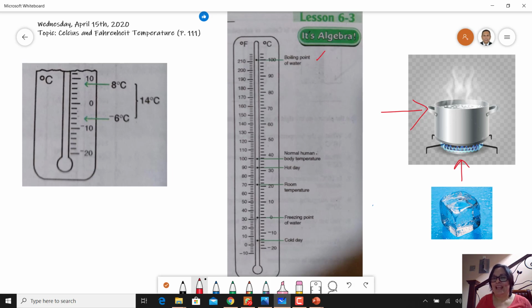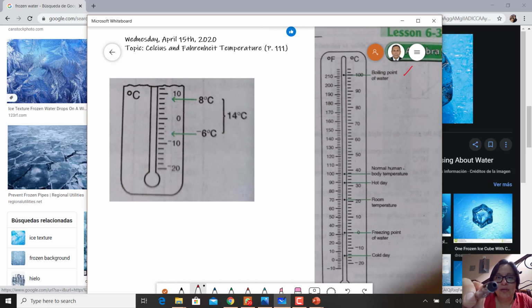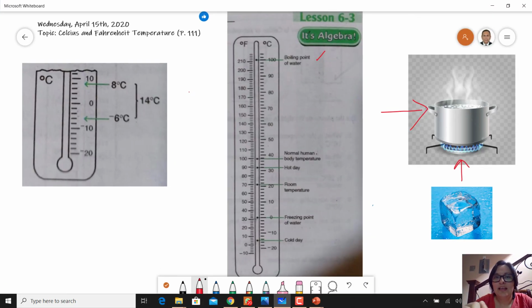So, in Celsius degrees, we have in here Celsius degrees. These ones are the Celsius degrees. 90, 80, 70, this one that we have on this side. In Celsius degrees, what is the boiling point of water?